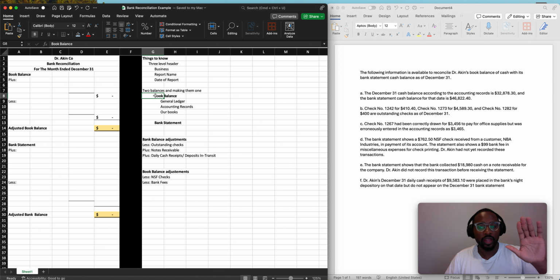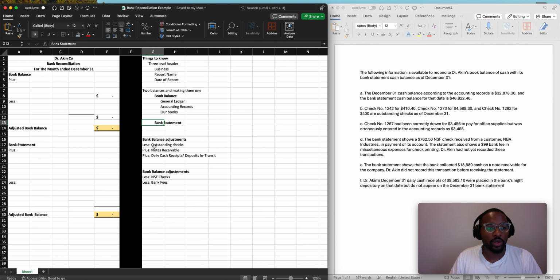So balance number one is book balance, which is what we can control. Balance number two is the bank statement balance. That's who we're banking with: PNC, Wells Fargo, Navy Federal, Bank of America, Chase. So we have book and we have bank, and we're trying to put them together and make them one. That's all we're doing.